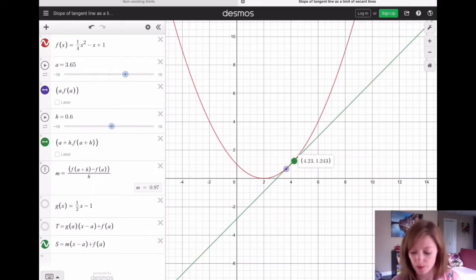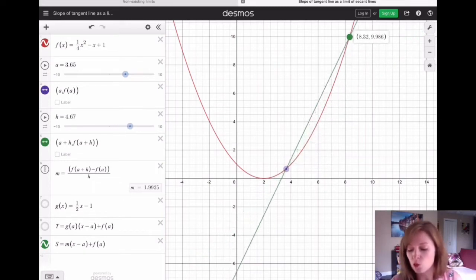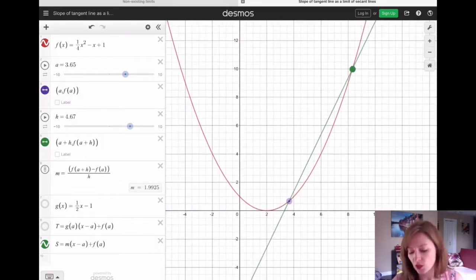Another really important observation here is that, look, when my 2 points are apart, the green line doesn't really do a very good job at mimicking what the parabola between the 2 points really looks like. There's quite a bit of space between my green line right now and my red parabola.